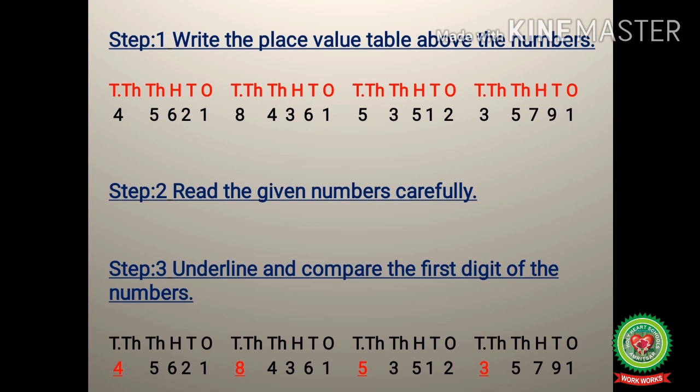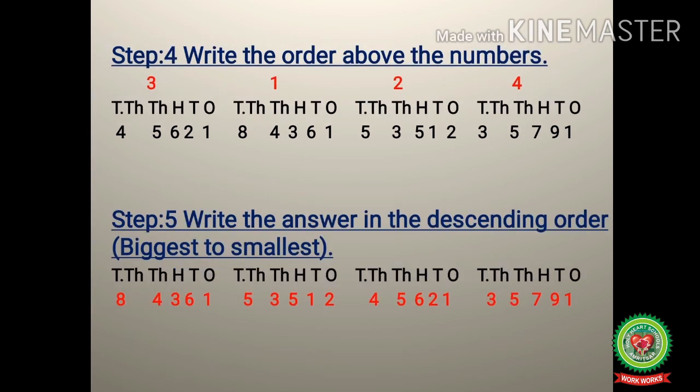Step 3 is to underline and compare the first digit of the numbers. See, I have taken the first digit and underlined it. Now we have to compare the numbers. That is from the biggest number to the smallest number. Step 4 is to write the order above the numbers.